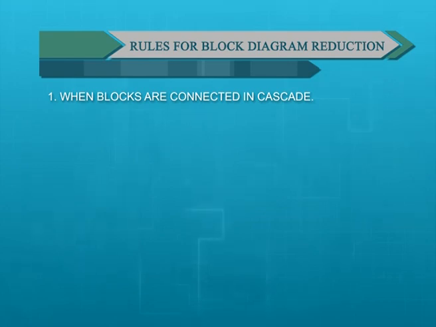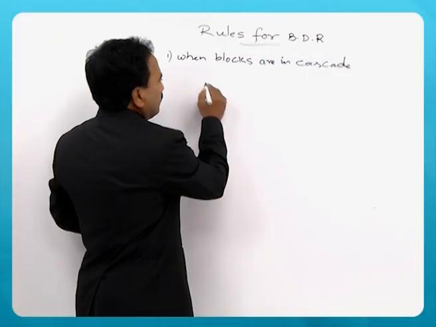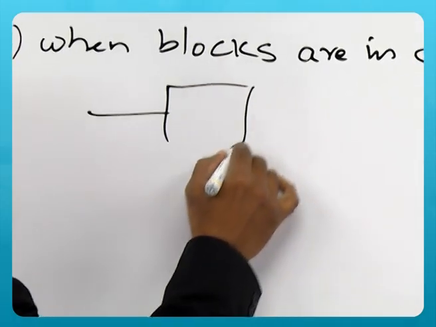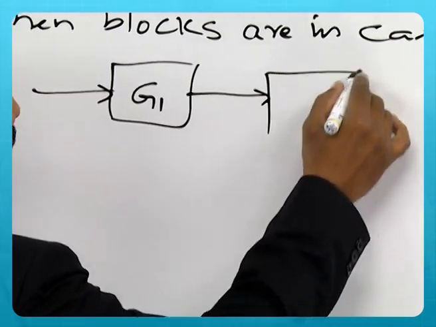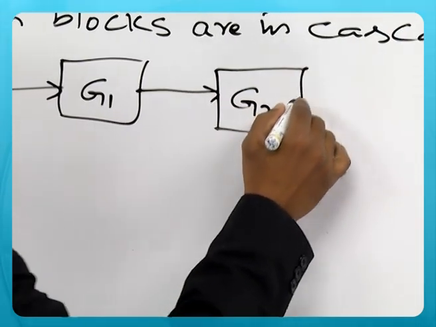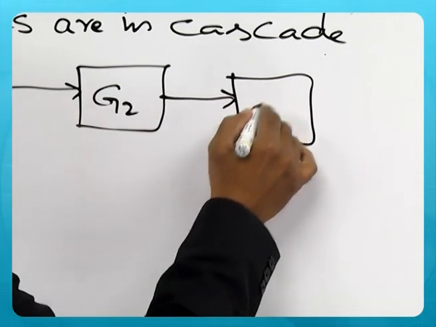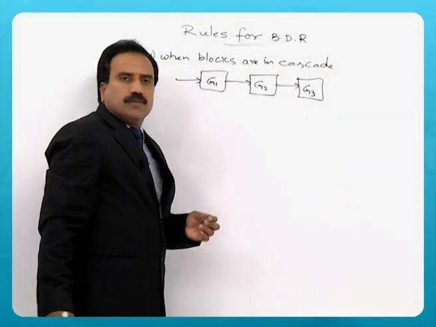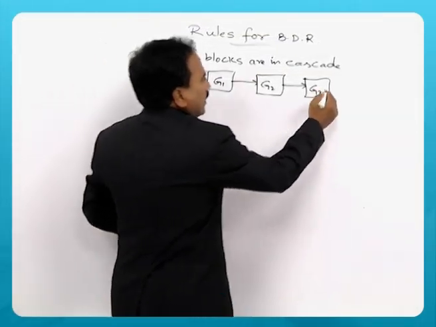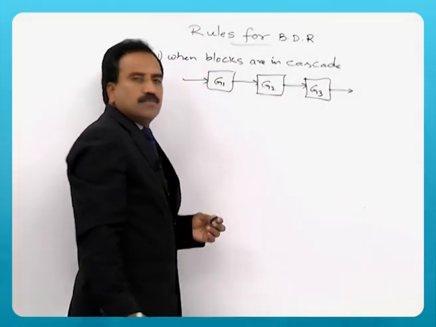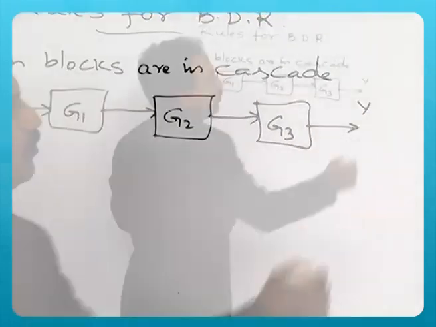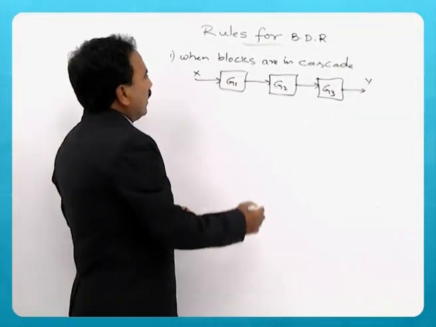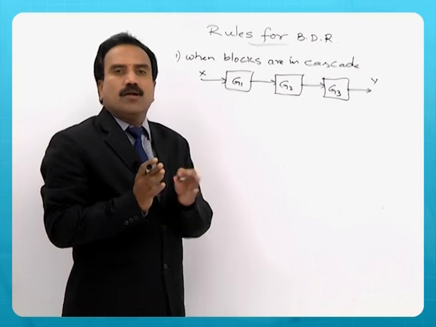Rule 1, when blocks are in cascade. Blocks are in cascade. Say G1, G2 and G3. So, all these blocks are in cascade. When I say X is the input, Y is the output, I can reduce this into a single block.